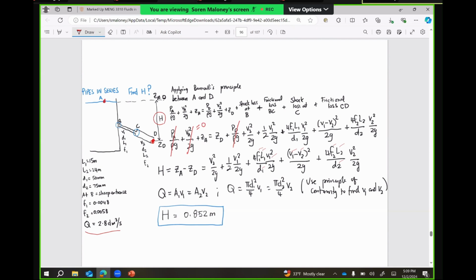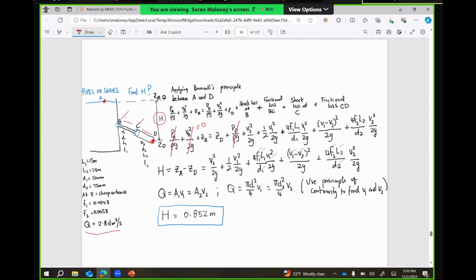You can see I have a loss at B, a loss at C, so there are 2 shock losses there. And then there's frictional loss between sections B and C, and between sections C and D. So I have 4 losses: 2 shock losses, 2 frictional losses.